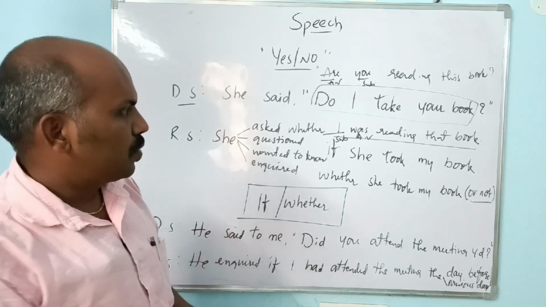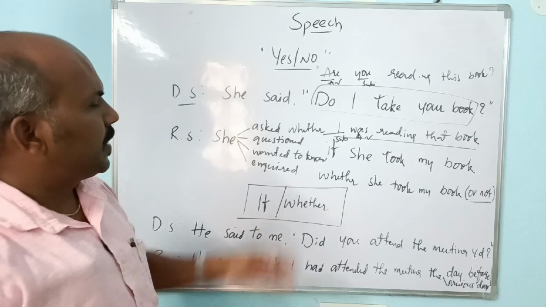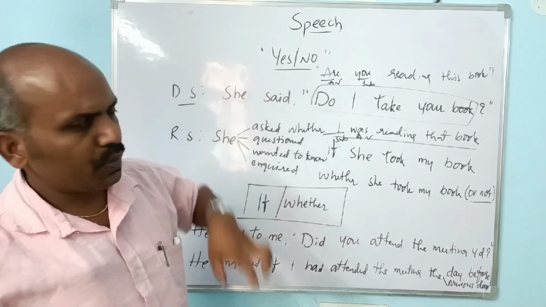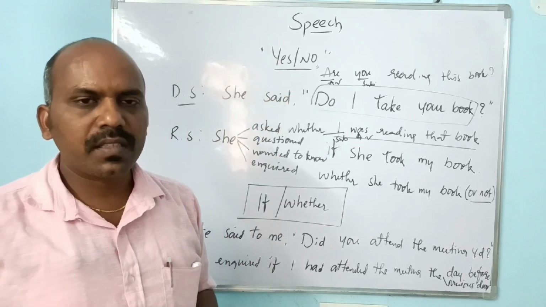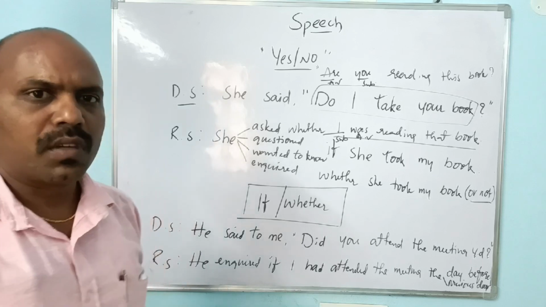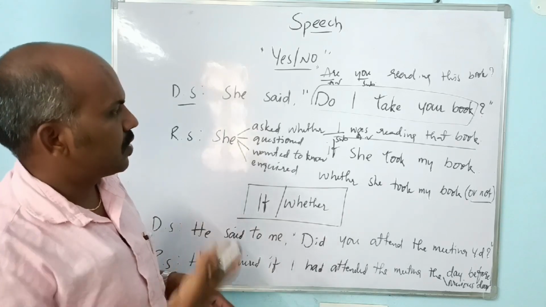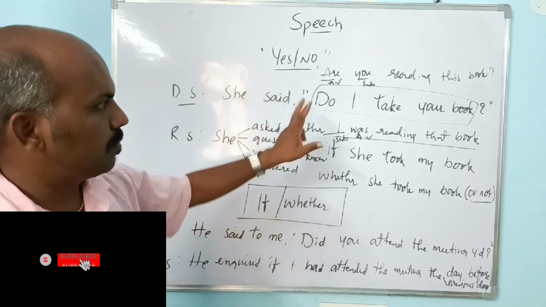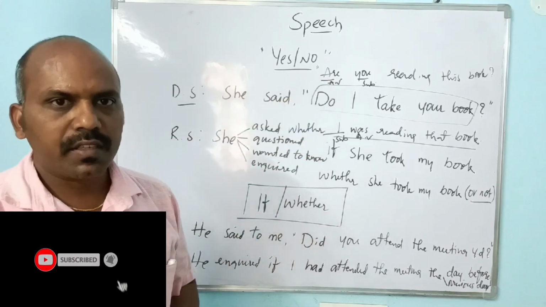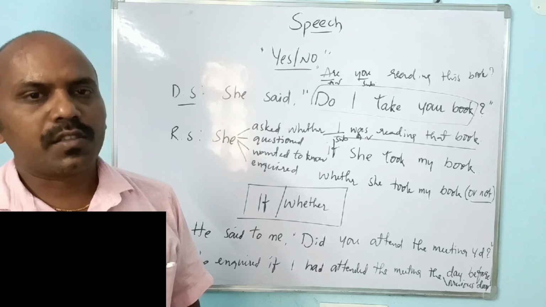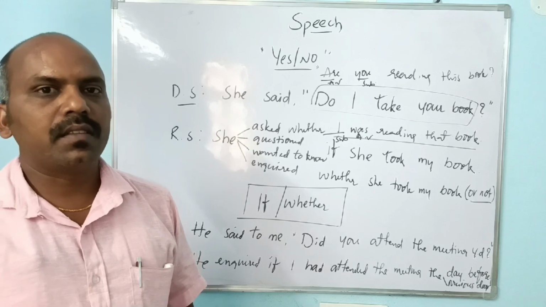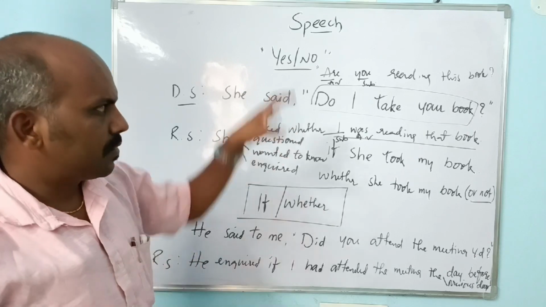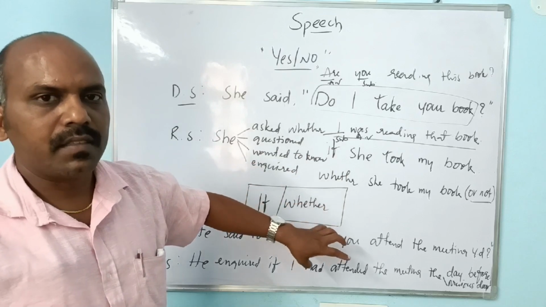So these are three examples of how to change yes or no questions into reported speech, right? I have just mentioned three tenses here: simple past, simple present, and present continuous. The remaining nine tenses are there, so practice them by maintaining these changes.